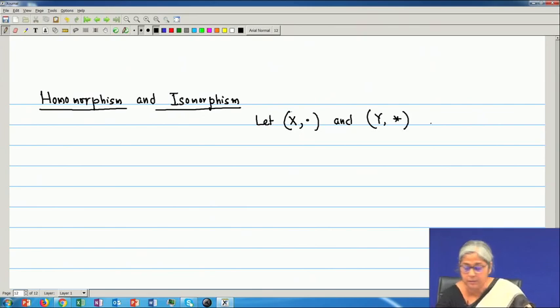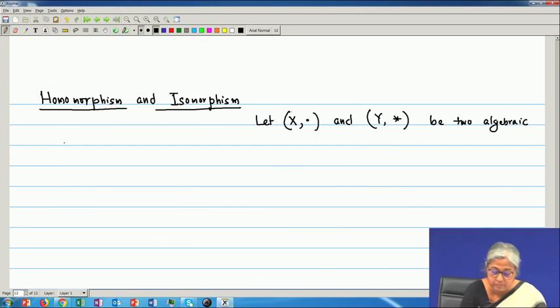These are two algebraic systems, and dot and star are the two operations.